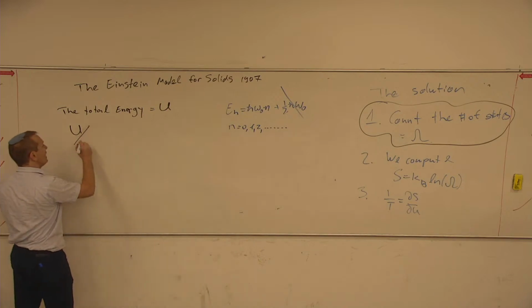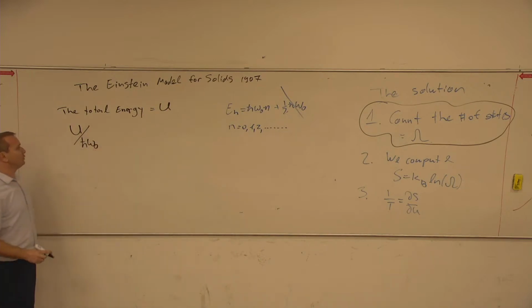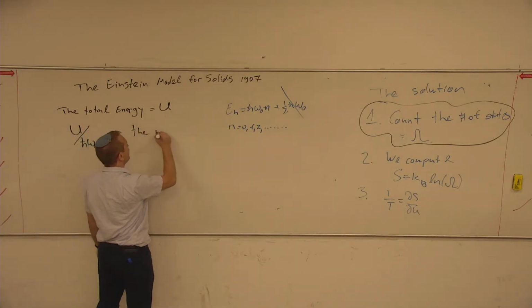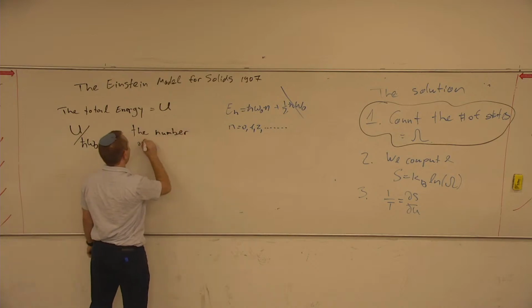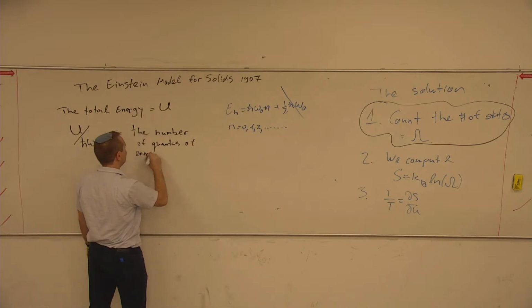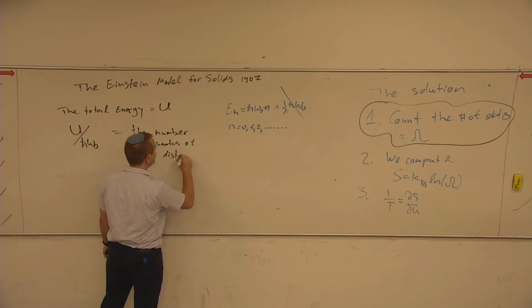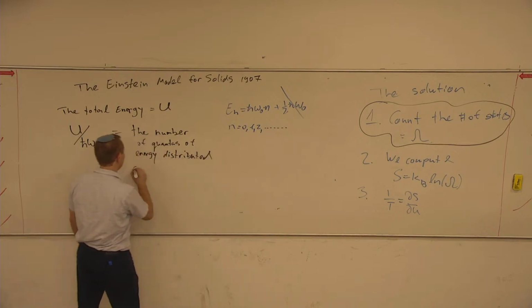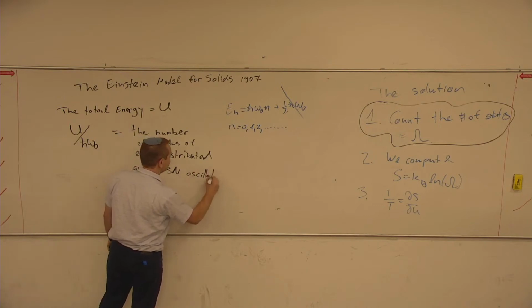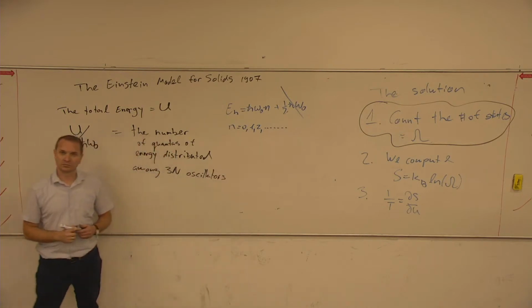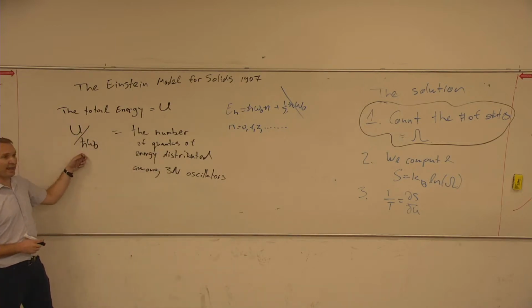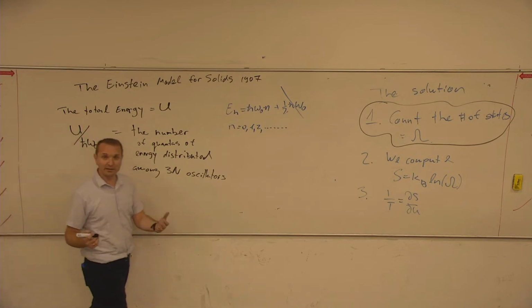Right? So I have this, U divided by ħω. This is the number of quanta of energy distributed among 3N oscillators. And the number of states is how I can distribute U divided by ħω into 3N different boxes.